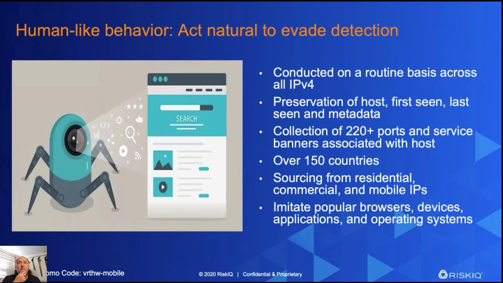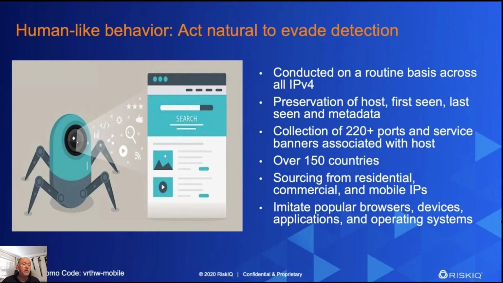Okay. Since about half of you haven't attended one of these workshops, I'm just going to quickly run through some background so you understand how we gather the data and the types of data that we gather, and then we're going to jump right into some examples. RiskIQ goes out to all the IPv4 space on a regular basis. We communicate to the IP addresses and the domains.